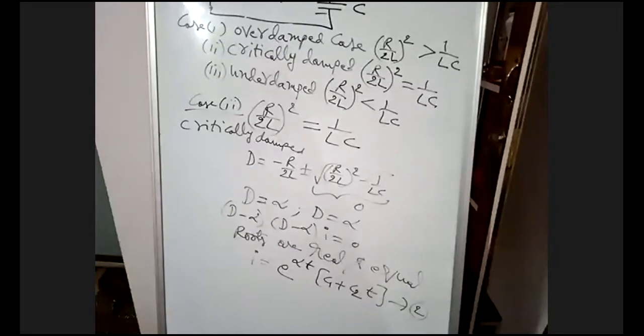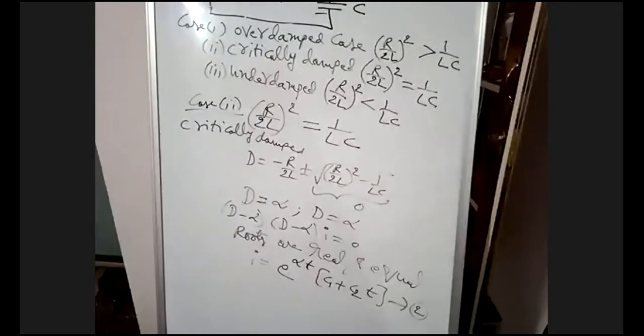If you are having real and equal roots, then the solution is (C1 plus C2t) into e power alpha t. Alpha is the root here. Remember this. This is the solution for the current for the critically damped case.